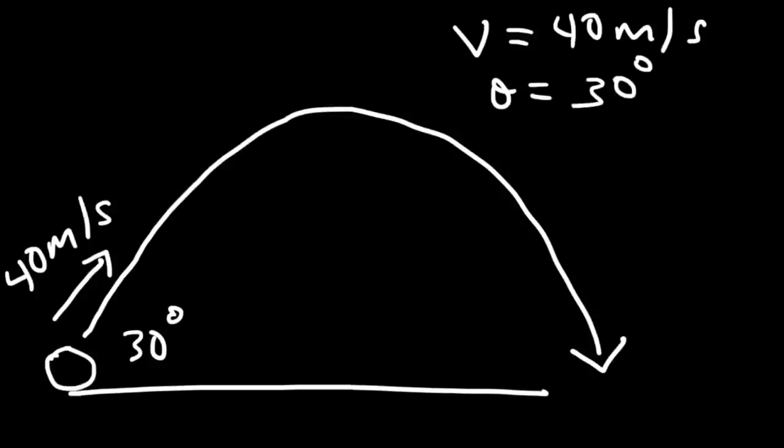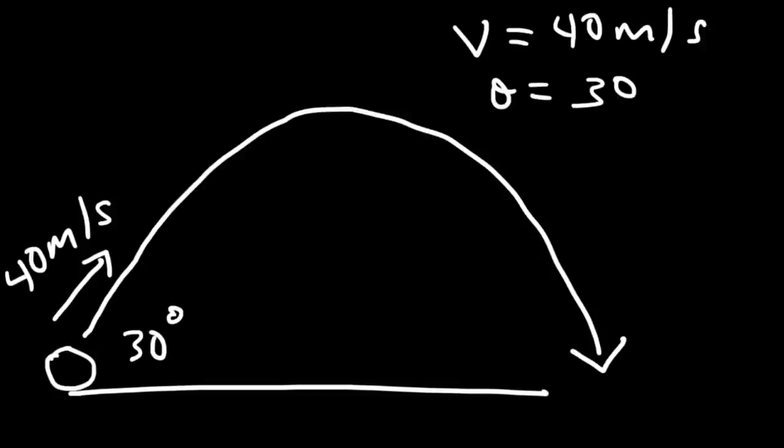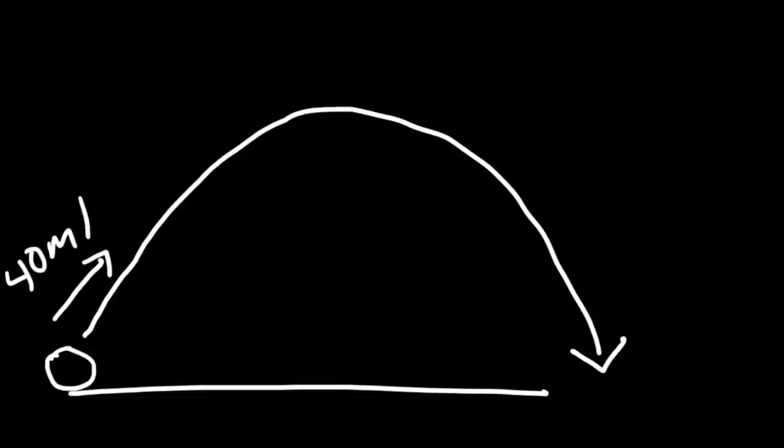Now what you need to do is find Vx and Vy. Vx is basically v cosine theta, and this is the initial value. Vy is v sine theta. Now for this problem, I'm going to give you Vx and Vy. So we're going to choose some different values, but in a typical problem, when you're given v and theta, you can find Vx and Vy using those formulas.